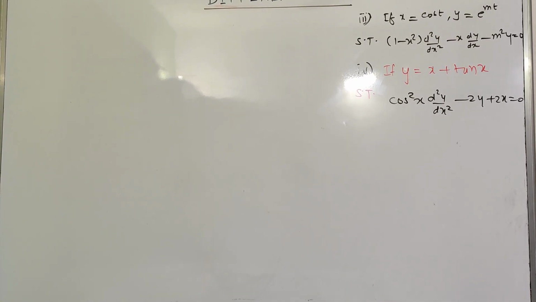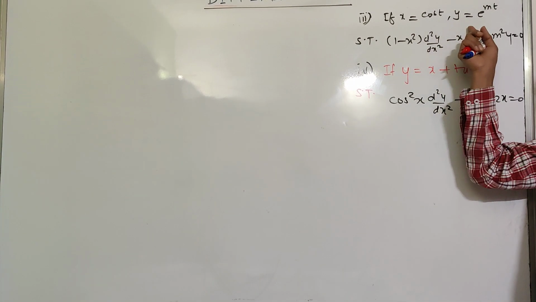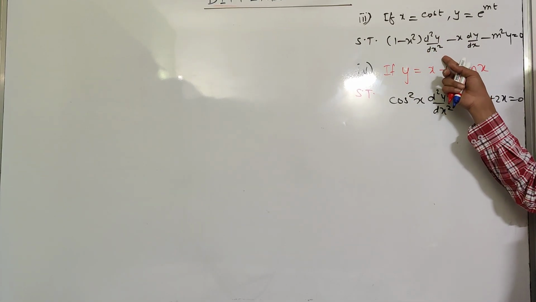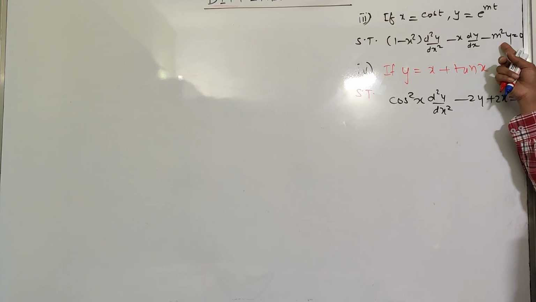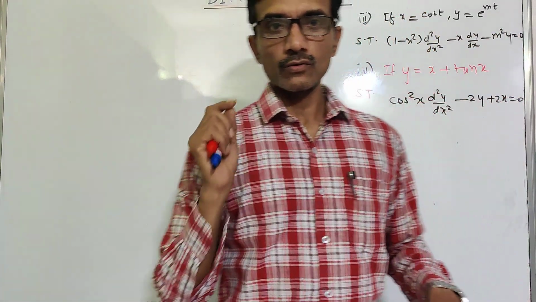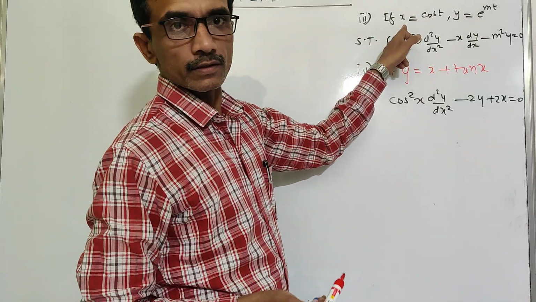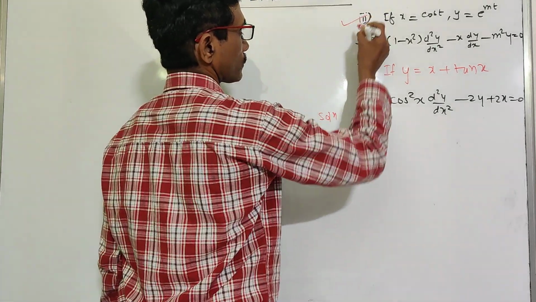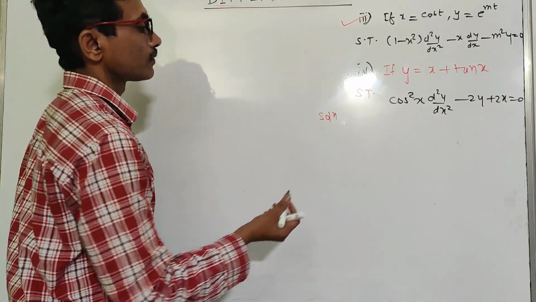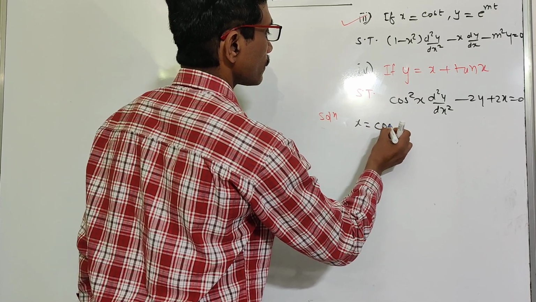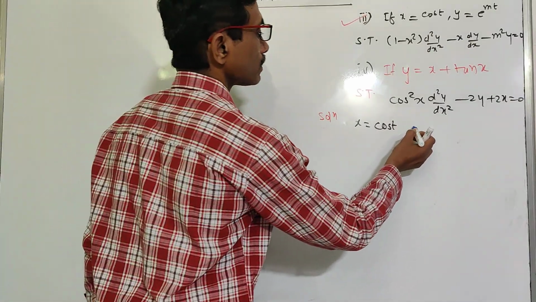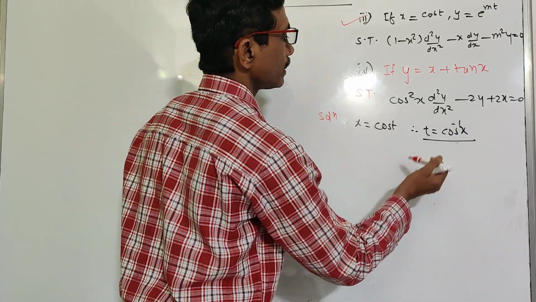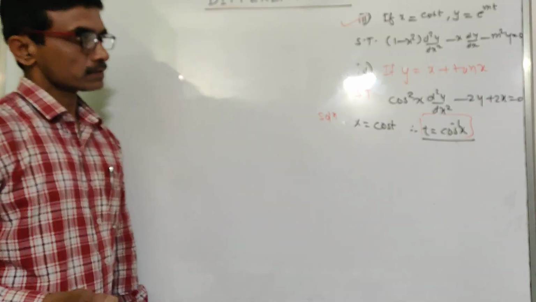Sub question 3, x is equal to cos t, y is equal to e raised to power mt. We show 1 minus x square d square y by dx square minus x dy by dx minus m square y is equal to 0. So start with x is equal to cos t. That means t must be equal to cos inverse of x.